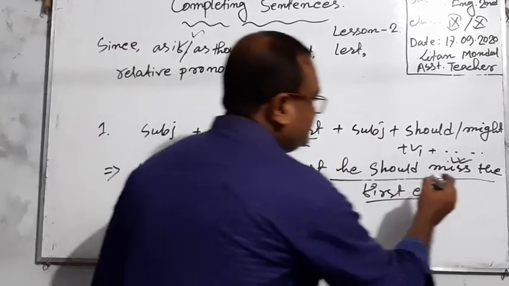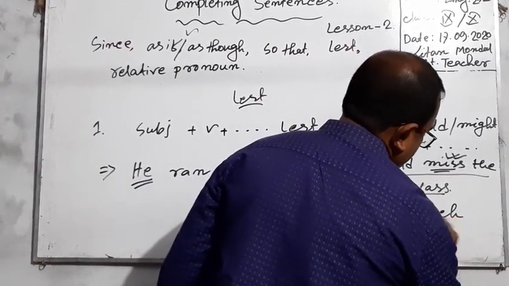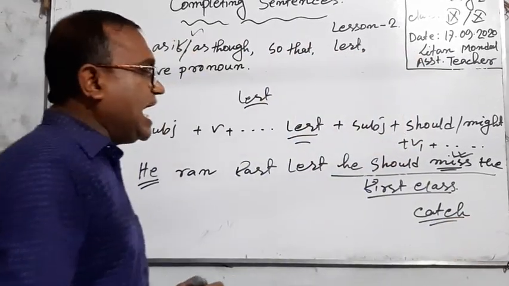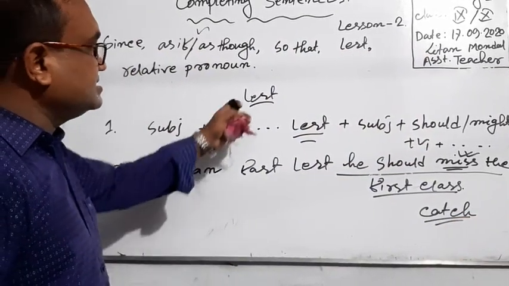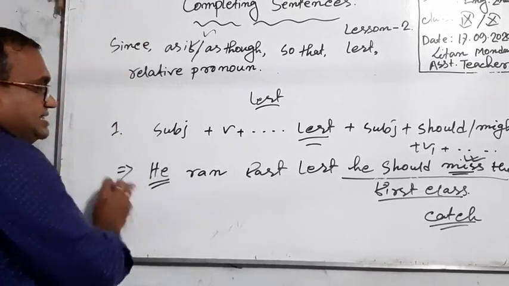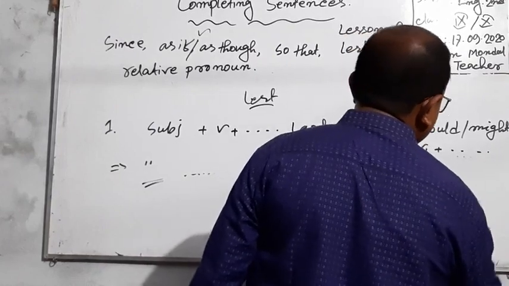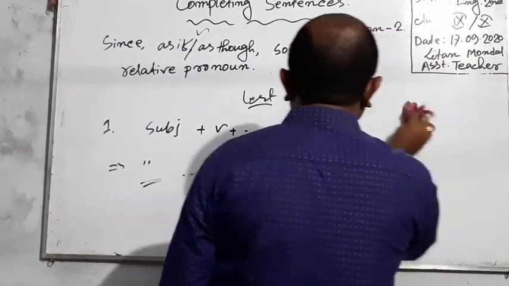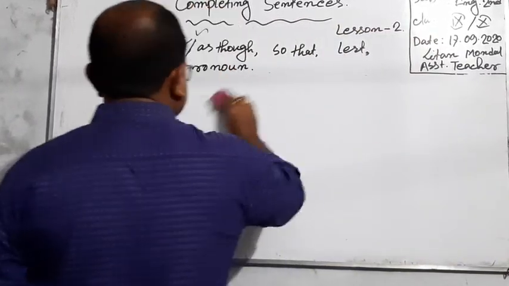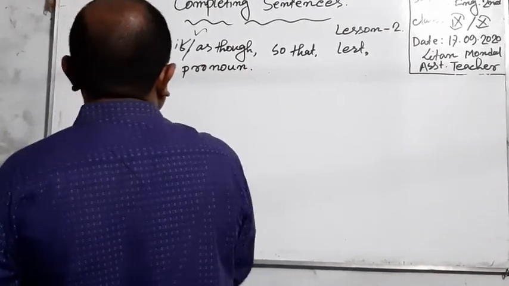Here the positive conception is catch. Okay, this is why I have told that this is a very interesting rule. Okay, students, by this time I have come to the very last part of today's class, and the last rule is the relative pronoun.